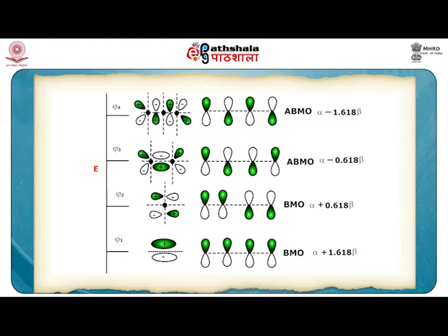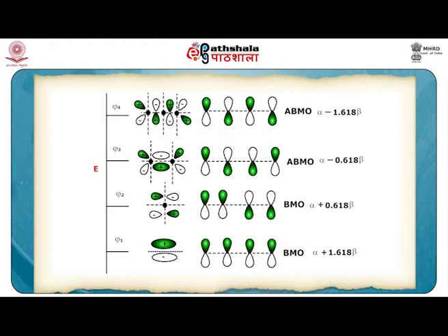In the same way, now you can see yourself that for the highest energy orbital, that means the antibonding molecular orbital with energy equal to alpha minus 1.618 beta, there are correspondingly 3 nodes.